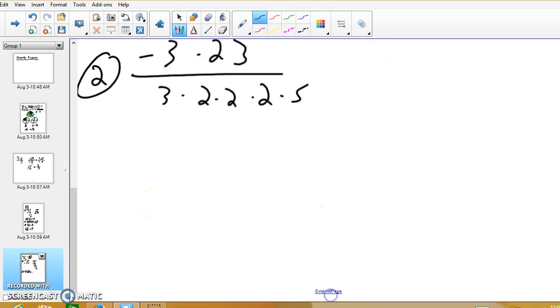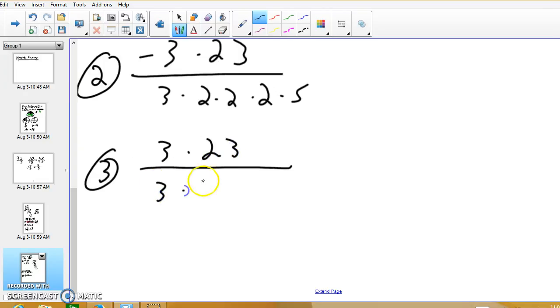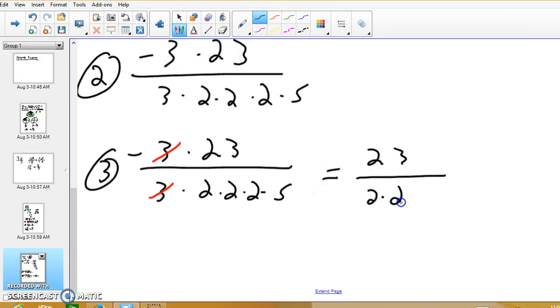Okay? And the next step, cross out common factors. So 3 times 23 over 2 times 2 times 2 times 5. Well, the common factors, we just simply have a 3 and a 3. So then this is equal to 23 over 2 times 2 times 2 times 5.